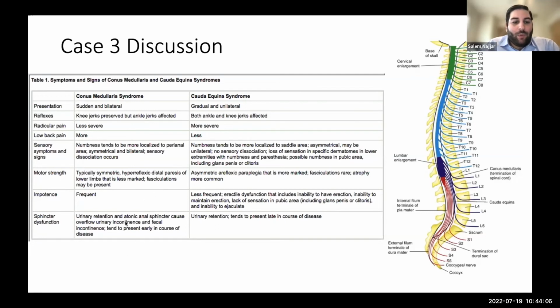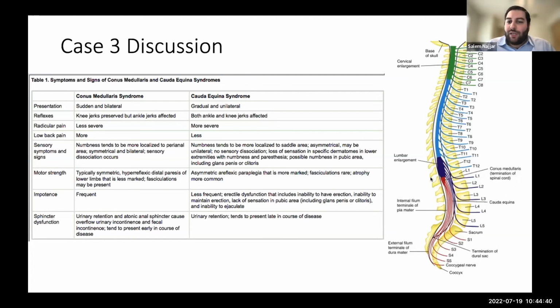And one thing, they both have urinary retention issues because the innervation to the bladder is being affected. But in conus medullaris syndrome, you also have fecal incontinence, which we saw in the patient presentation on the previous slide. The patient had lost control of his bowels, and so things like checking anal sphincter tone, as well as seeing for incontinence or urinary retention, these are characteristic signs of these disorders or issues, and it's part of the clinical diagnosis.